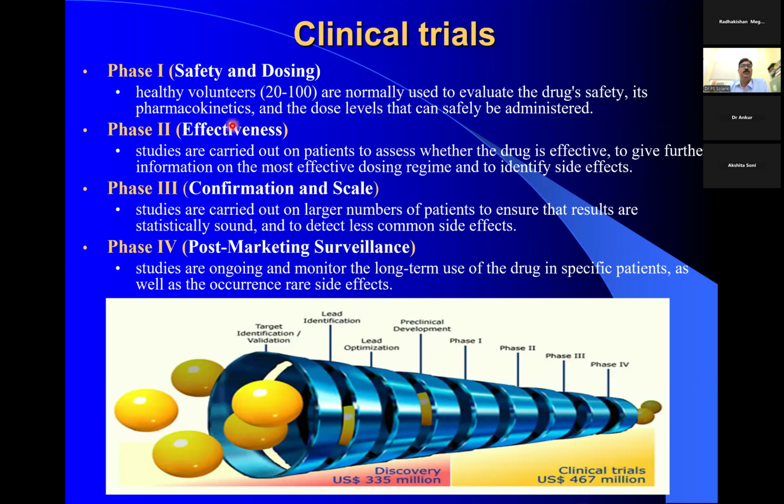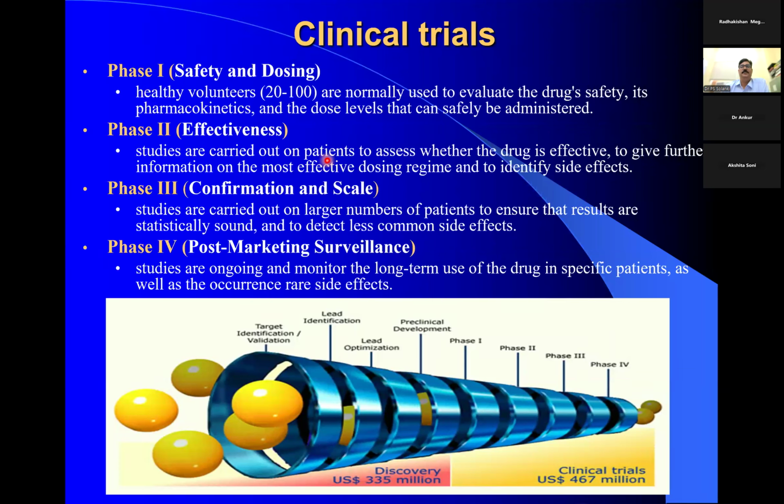So how our body absorbs, distributes, metabolizes, and excretes the drug molecule. We call it ADMET: absorption, distribution, metabolism, excretion, and toxicity analysis. This is done in phase one over healthy volunteers.